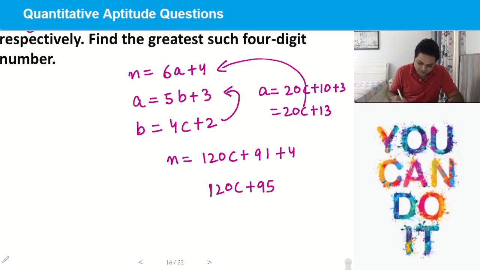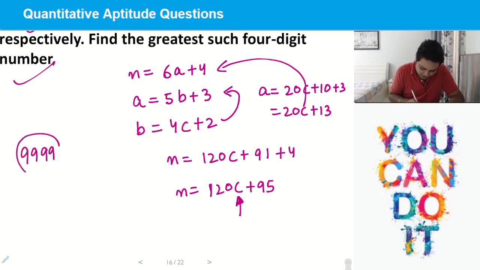Now it is asking find the greatest such 4-digit number. So it is a general form of n. Now if I keep changing the c, we'll get all 4-digit numbers. Now the largest 4-digit number is 9999. So divide 9999 by 120.